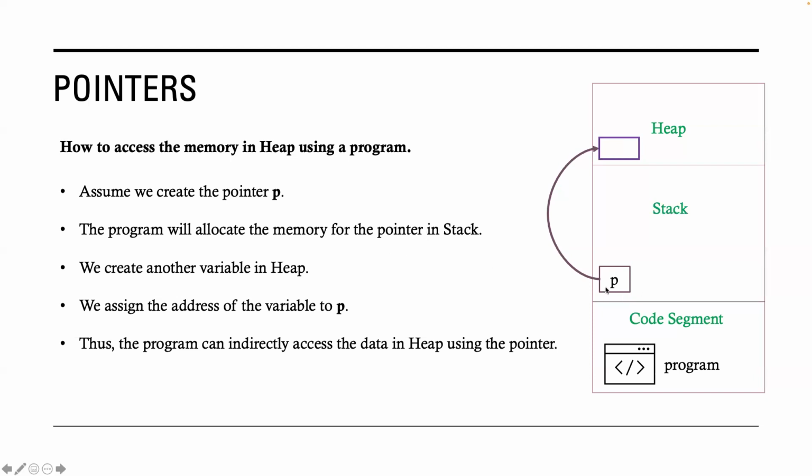So what we are doing is we save the address of that variable of heap in the pointer p. So in this pointer, we save the address of this variable. Therefore, it looks like this pointer p points to this variable.